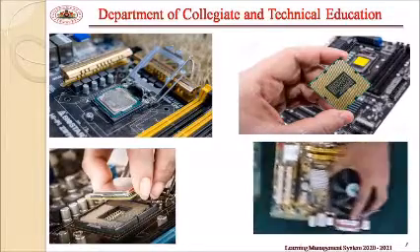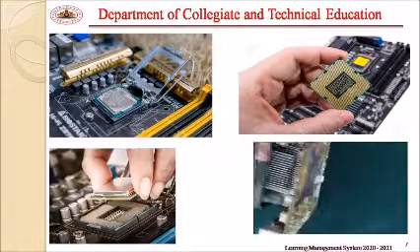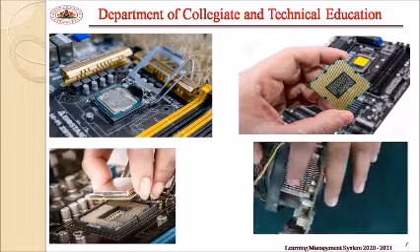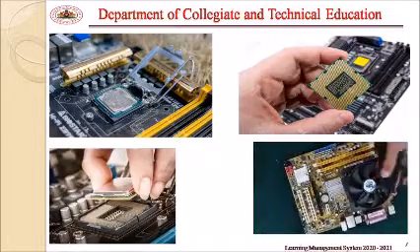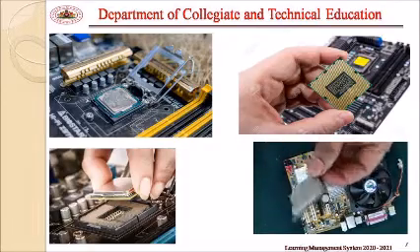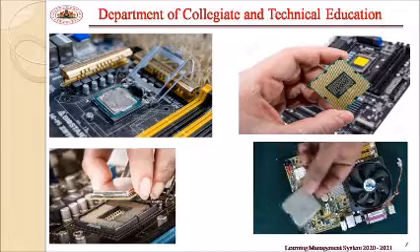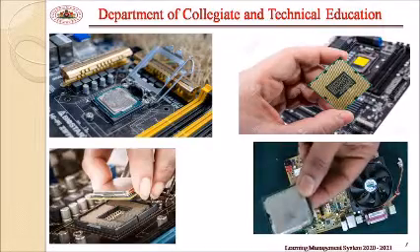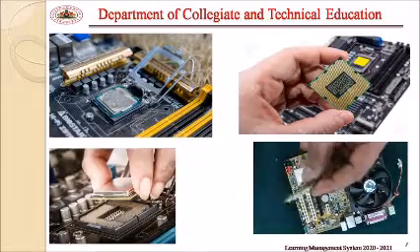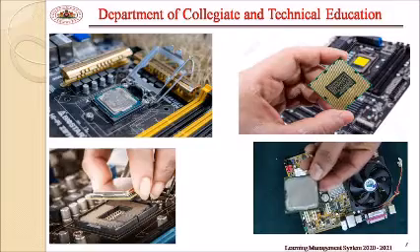If you want to see a processor on this, you have to remove this heatsink, and below this you can see the same kind of processor on this motherboard also. I hope it's clear. It is the brain of the computer. It executes all the instructions given through the program, and it also performs arithmetic, logic and other operations.